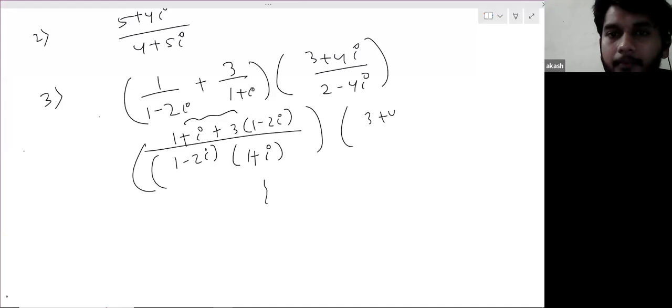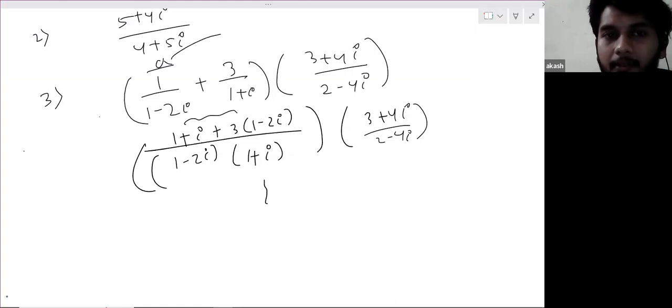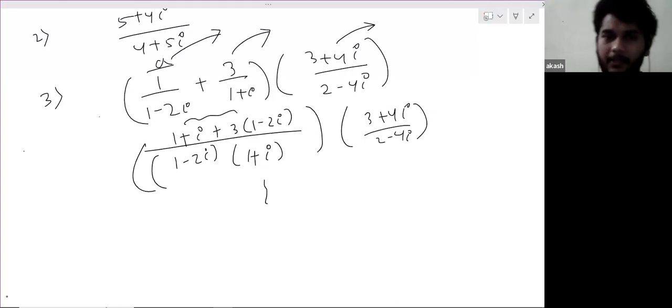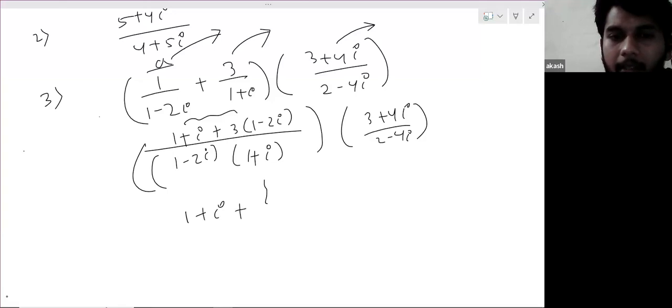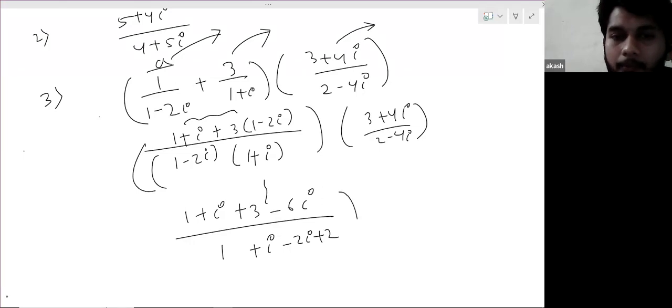Or you can rationalize and simplify each term and then multiply. We'll get the same answer. So this is 1 plus i plus 3 minus 6i upon 1 plus i minus 2i plus 2.